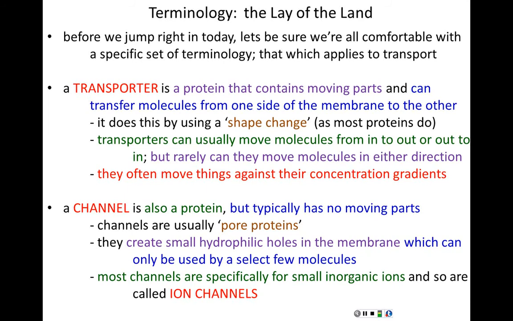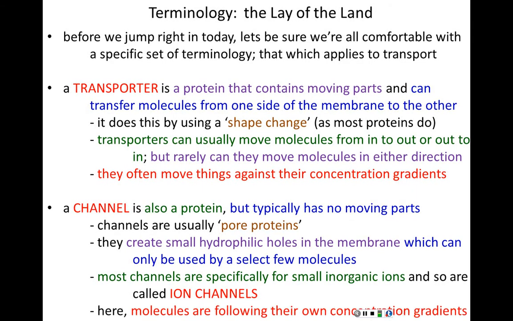Most channels are specific for ions, and more particularly small, inorganic, which is just a fancy way of saying carbon-lacking, ions, and so most channels are referred to as ion channels because that's what they allow through. For channels, there is no active transport. Always, when dealing with a channel, molecules are following their concentration gradients, moving from areas where they are more concentrated to less crowded areas where their concentration is lower.